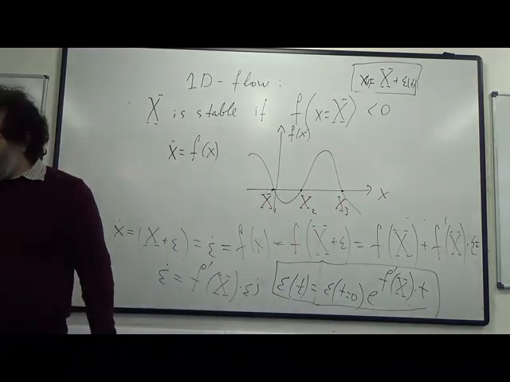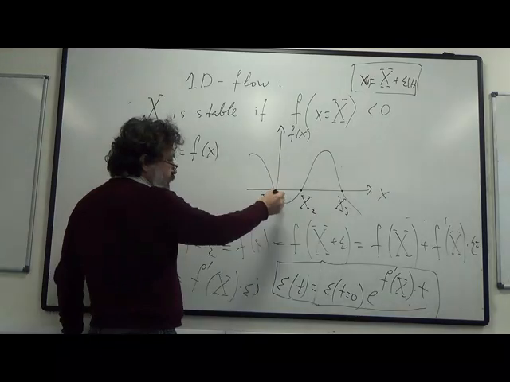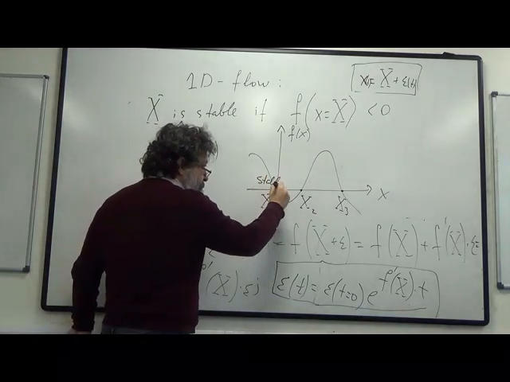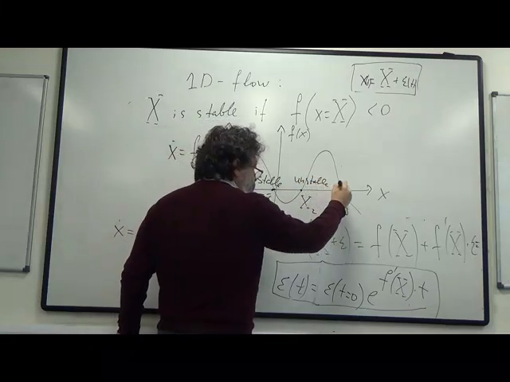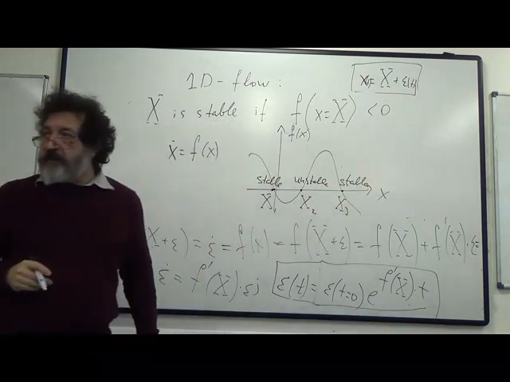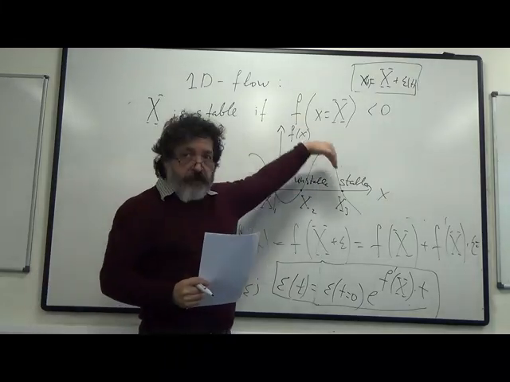A fixed point is stable if the derivative of the function at the fixed point is negative. It is negative here, it's decreasing, stable. This one is unstable. This is stable. Does it make sense? The derivative here is negative, here it's positive, here it's negative.